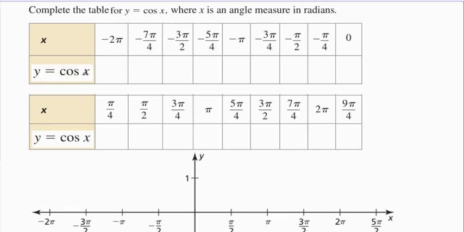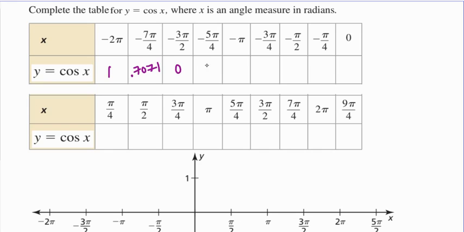If you do the cosine of negative 2 pi, you're going to find a value of 1. The cosine of negative 7 pi over 4, you're going to find a value of 0.7071. The cosine of negative 3 pi over 2 is going to be 0.